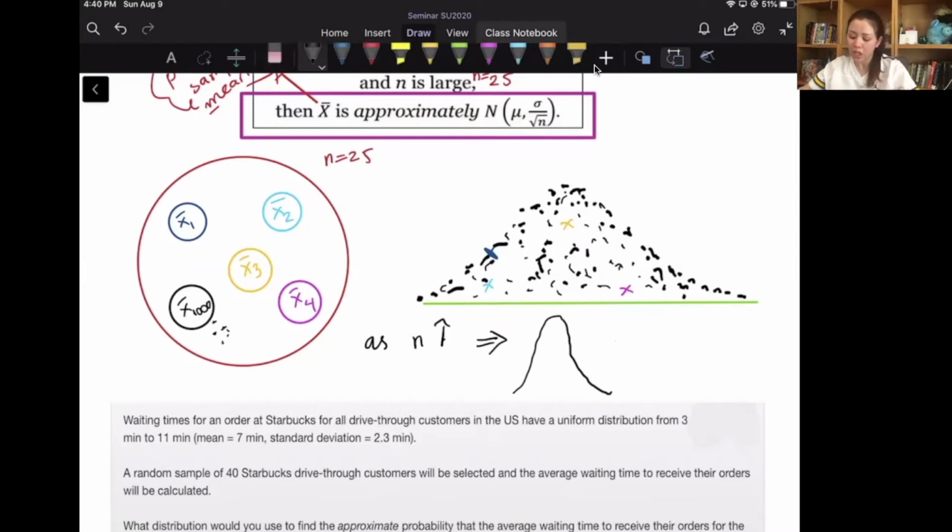So let's take a look at an example of how to apply the central limit theorem.